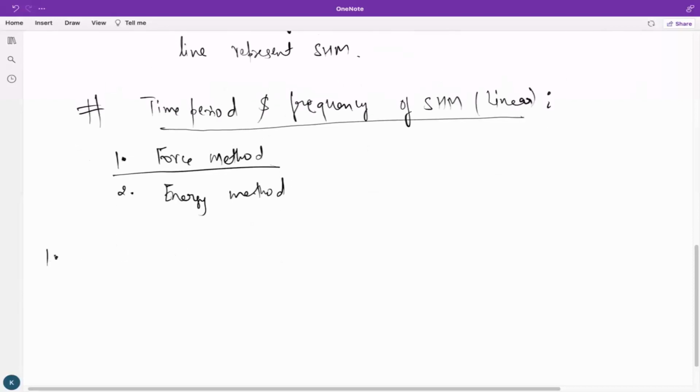So let me write it here. Force method. So what is its procedure? Let me write it as step one so you can connect it.